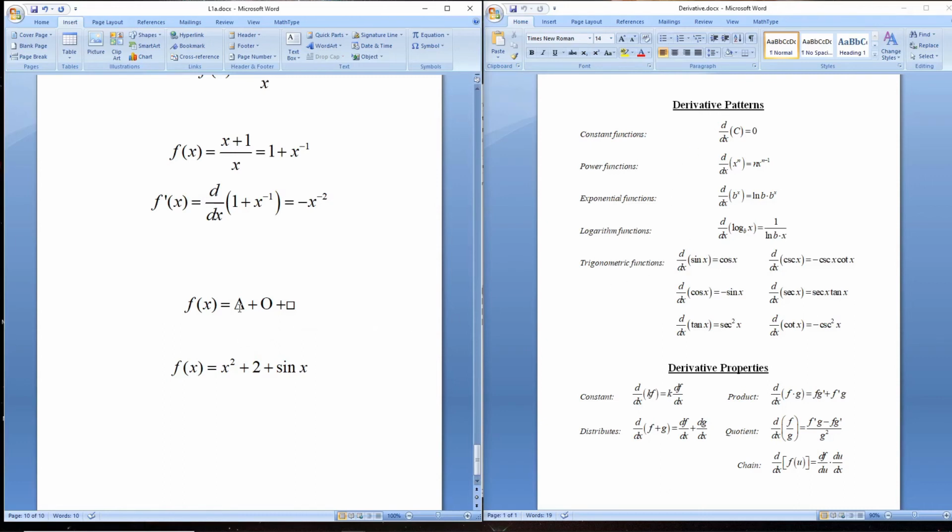And this identification I consider to be just like this triangle, circle, square. You see this object, you know it's called a triangle. When you see this object, you want to know this is called a power function, so that you know what derivative pattern to use.